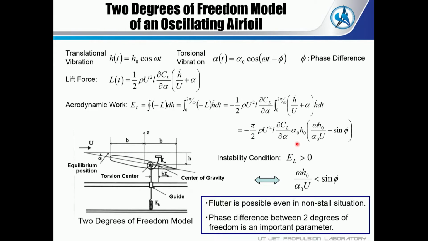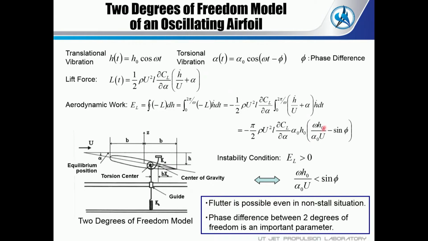So if this term is positive and this term is negative, EL is positive, which means a stall flutter. But even if dCl d alpha is positive, we can have negative damping when this term is negative. So this condition corresponds to that case.